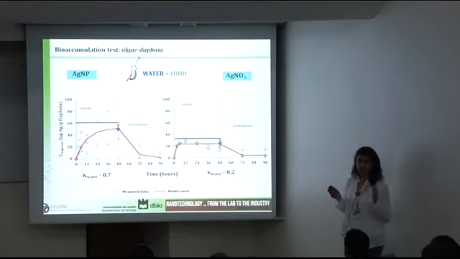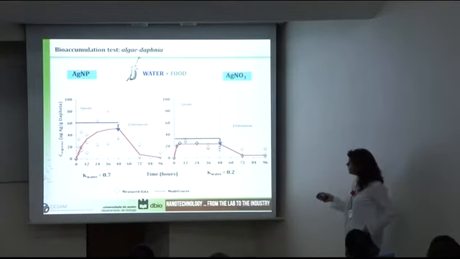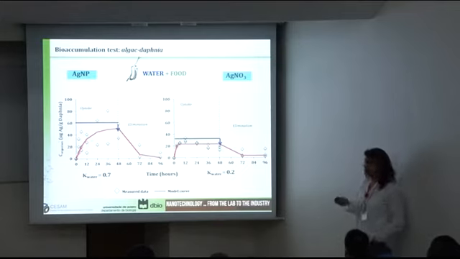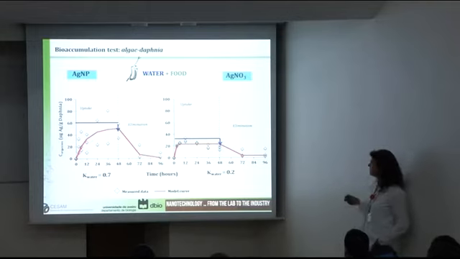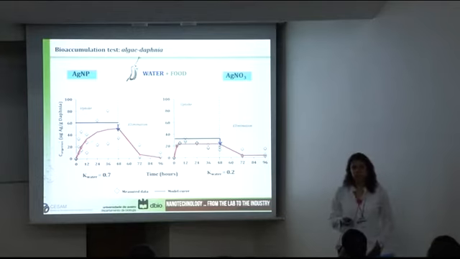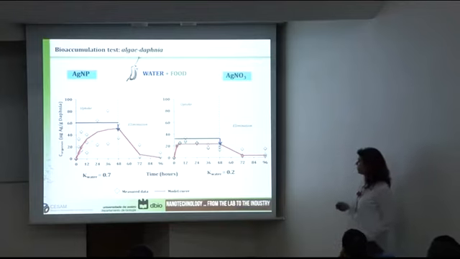We were feeding them with algae with ionic silver inside, or at least dissolved. But besides the contaminated food, we also provided them contaminated water with silver nanoparticles or the ionic silver. And these are toxicokinetic approaches that we used for evaluating how the organisms can deal with nanoparticles.